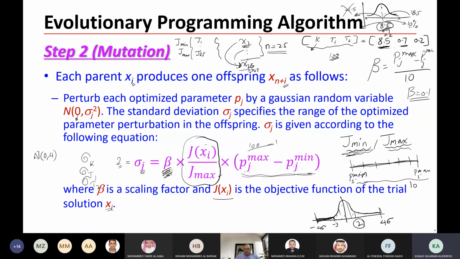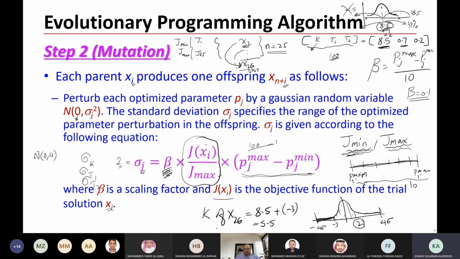That is the K that represents x26. So the K of x26 will be 8.5 plus this random number, for example minus 3, so it becomes 5.5. And this will be repeated for T1 and T2.